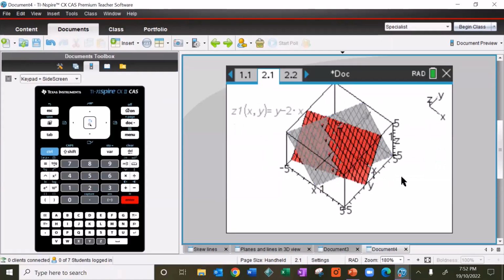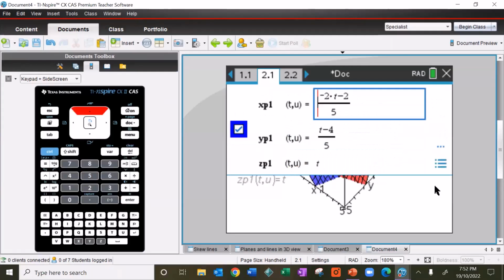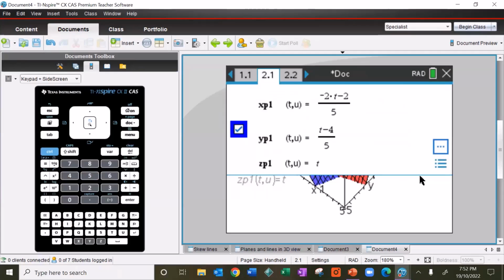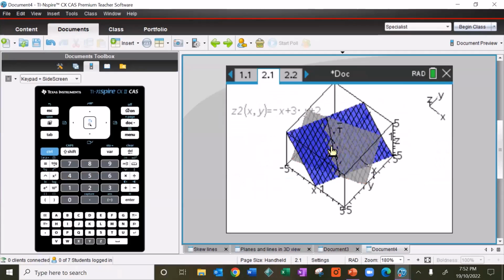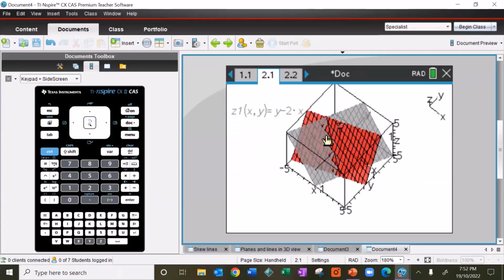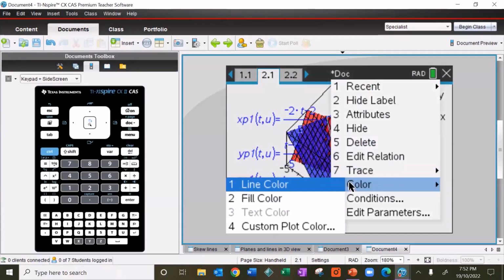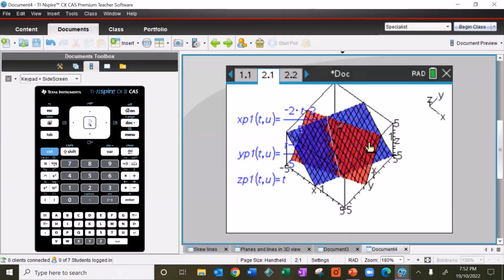Again, I might not see too much here, so let's try to play a bit with the parameters. So maybe do minus 40 pi to 40 pi. Again, it's a bit of trial and error. And now it's a bit tricky to see this line, so I try to change the color, and I will say make it yellow.